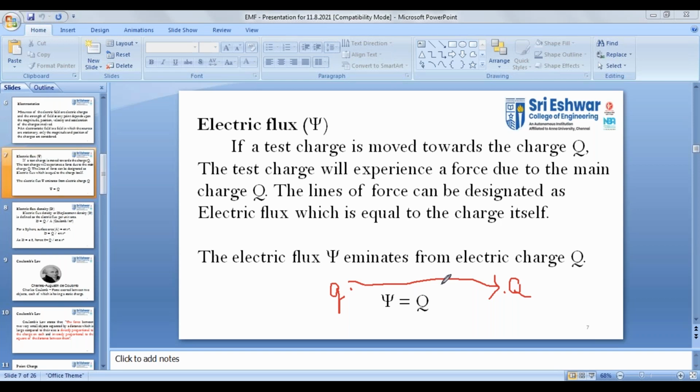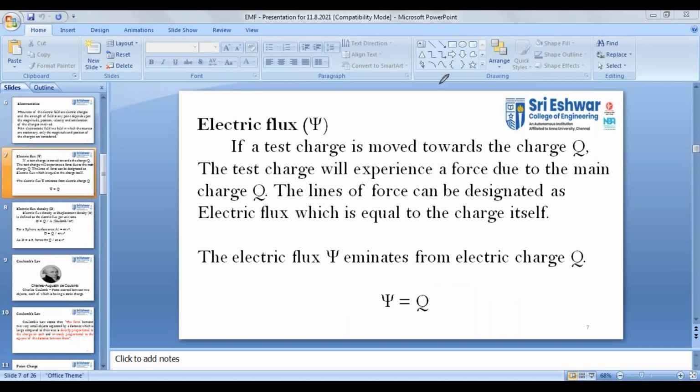That particular line of force, we call it electric flux. That is what they are going to tell you, nothing else. And the magnitude or value of that electric flux psi will be nothing but the charge itself, that is, the capital Q value. That is what they are going to tell us.